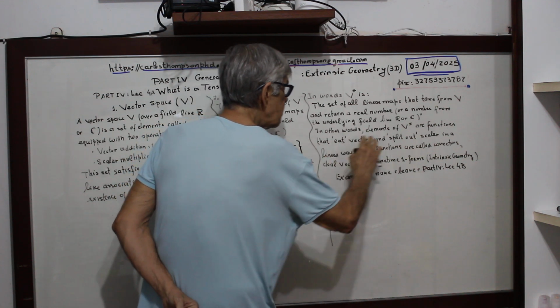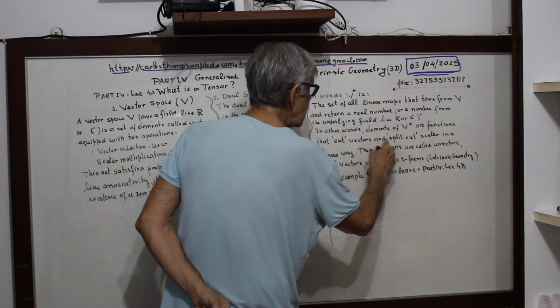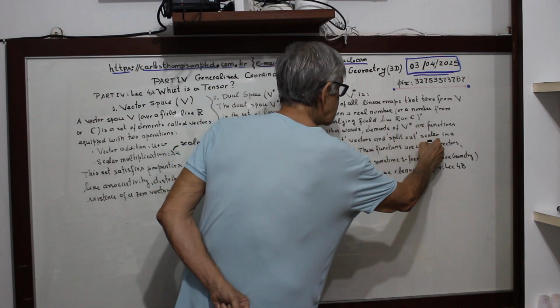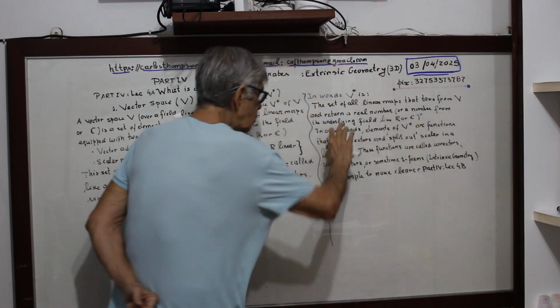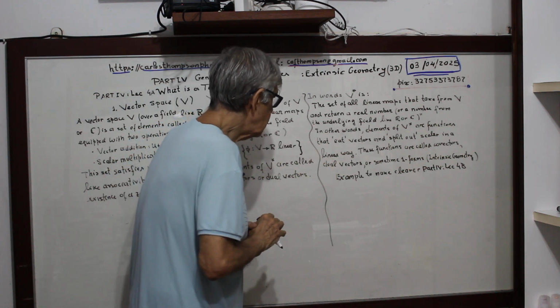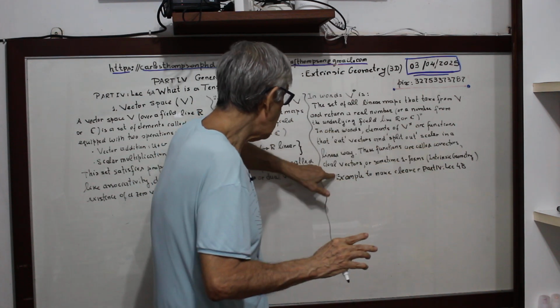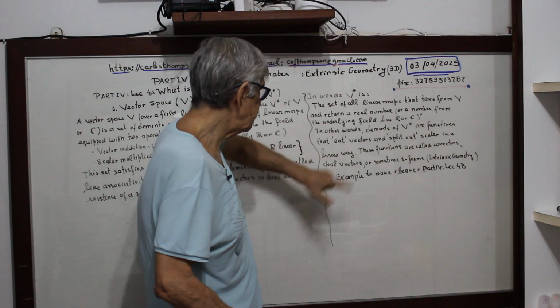In other words, elements of V star are functions that eat vectors and spit out scalars in a linear way. I'm going to give an example for you to understand clearly what this is. These functions are called covectors or dual vectors.